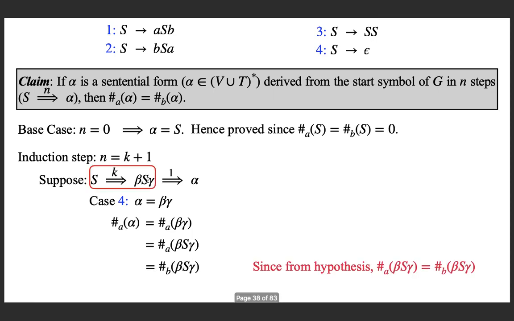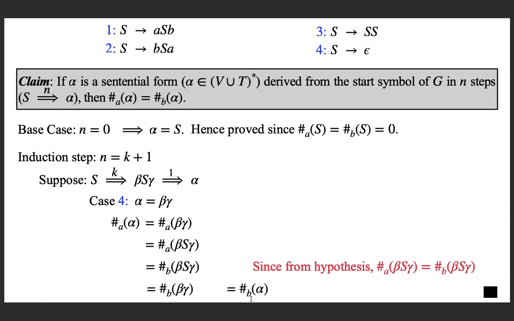And now, from the induction hypothesis, it is the same as the number of B's here, and hence we are done. So, we proved that if a string of variables and terminals is derived from the start symbol using n steps for any natural number, then that string must contain an equal number of A's and B's.